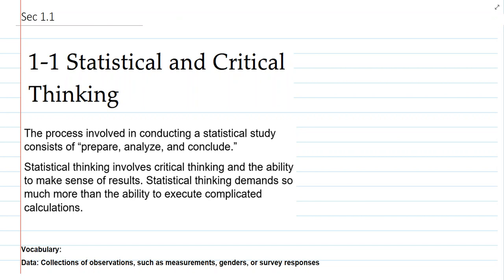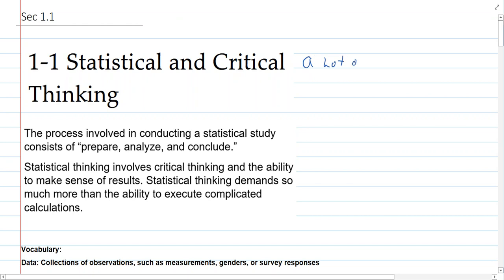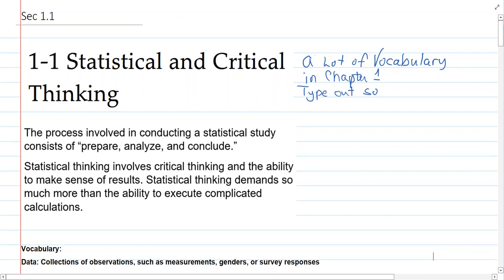We're going to begin our study of statistics, Math 1342, with a lot of vocabulary. And in chapter 1, I've typed it out so there's no confusion of what I want you to know.